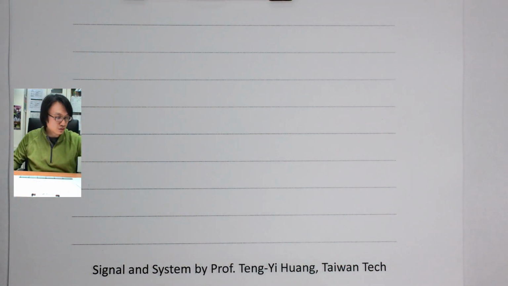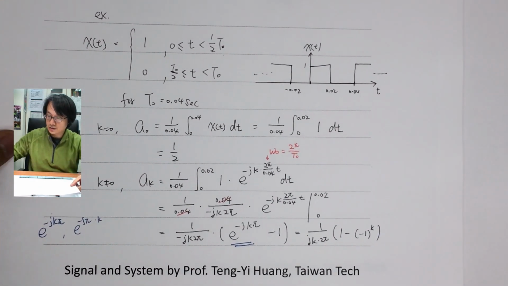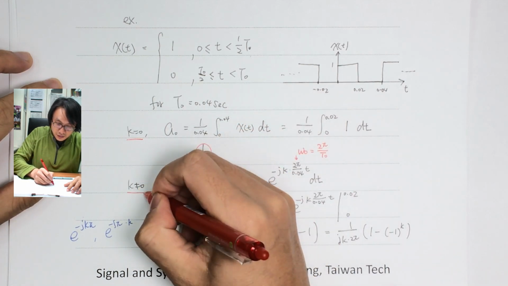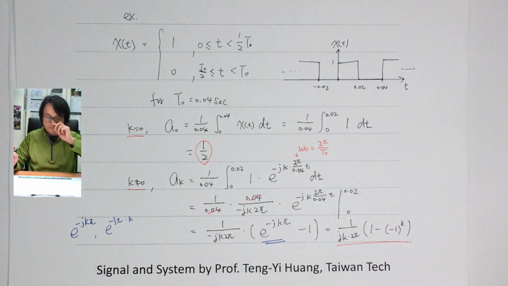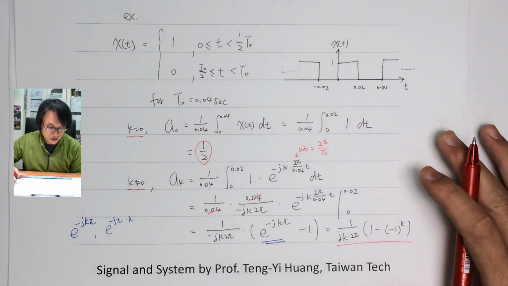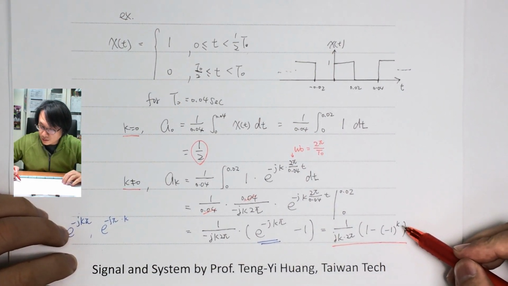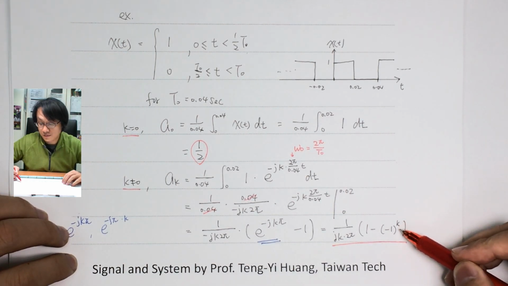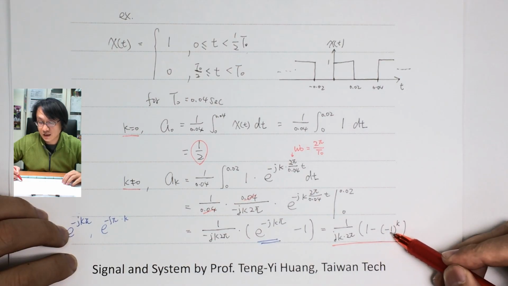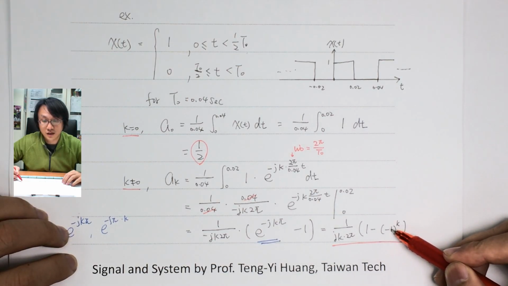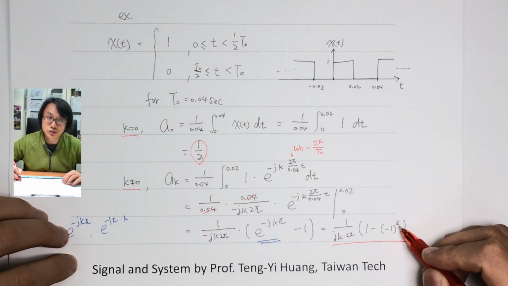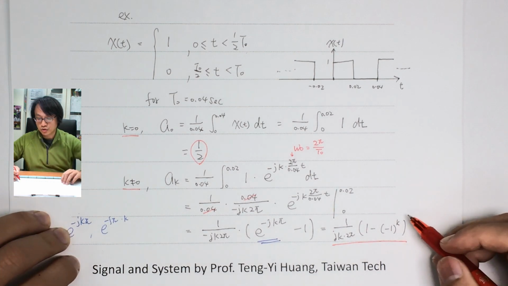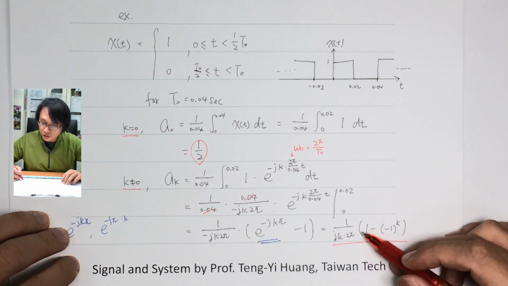we get a few cases. One case is k equals 0. The answer is 1/2. For k equals 0, it's this expression, and we can simplify further. Why? Because when k is odd, 1 minus negative 1 equals 2. But when k is even, say k equals 2, negative 1 to the power of 2 equals 1, so 1 minus 1 equals 0. So for odd k, it remains.